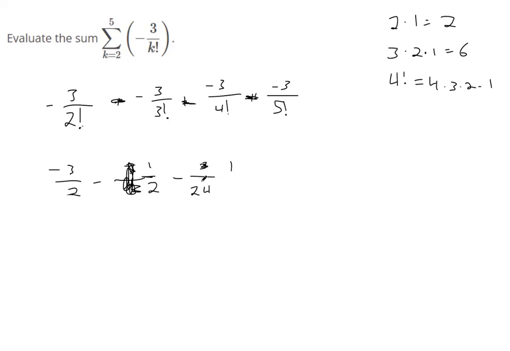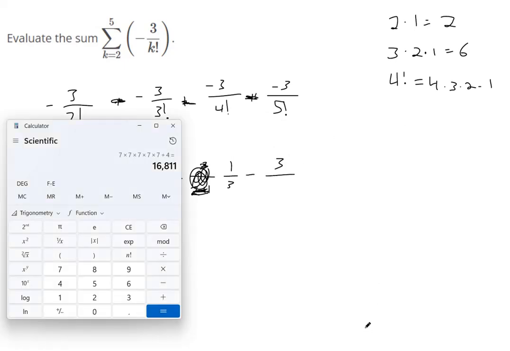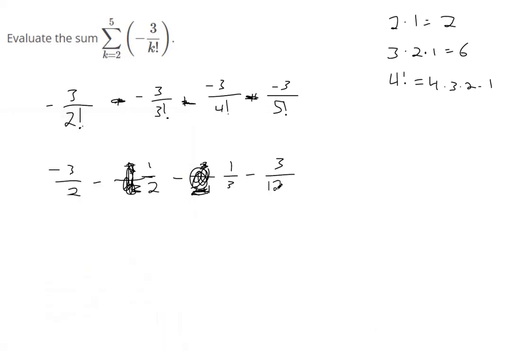So this is a 1. And that's a 3 here. And the last one, I think I did it as an example. 5 factorial, that's 5 times 4 times 3 times 2 times 1. So that's 120. Divide the top and the bottom by 3 again, so that's 1 over 40, I think.